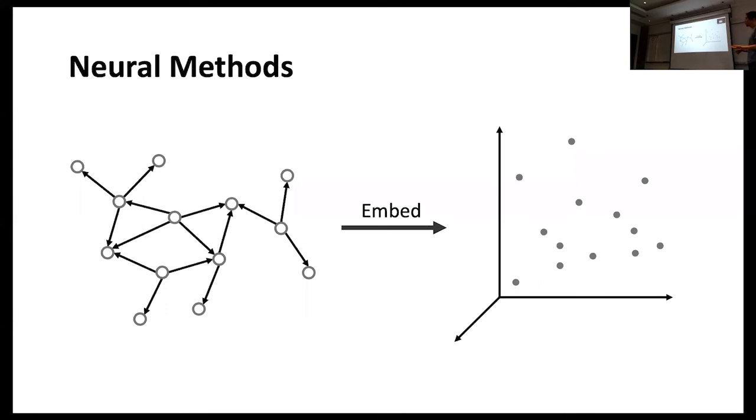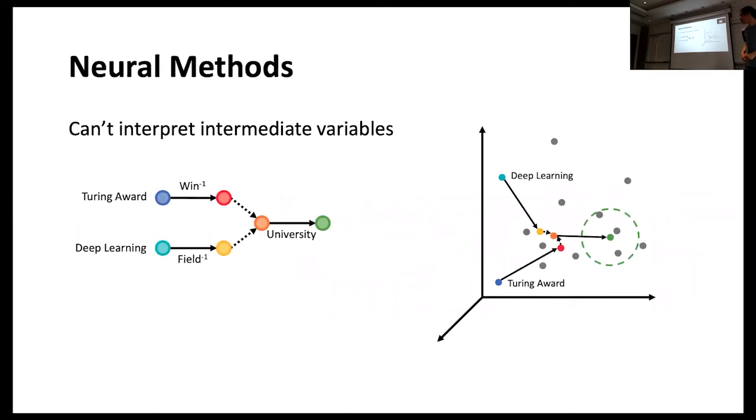And recently, there's a surge of using neural embedding methods for answering multi-hop questions on knowledge graphs. The idea is to first embed all the entities of the knowledge graph into some low-dimensional embedding space. In embedding methods, to solve the query structure, they first find the node for, say, deep learning here, and the node for Turing Award here.